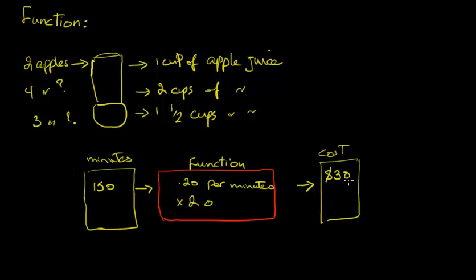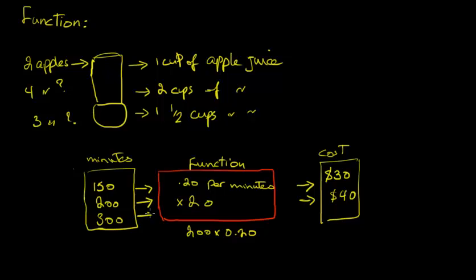of your telephone. Let's say you talk 200 minutes. Then you put it in the function. It means 200 times 0.20. Then you get $40 as the cost of your phone. What if you talk 300 minutes per month?